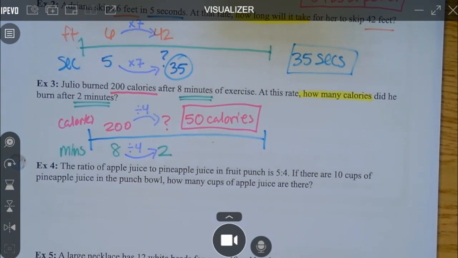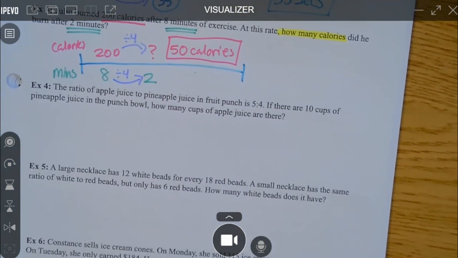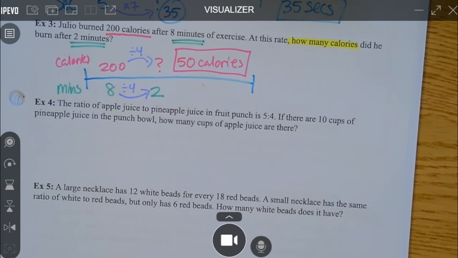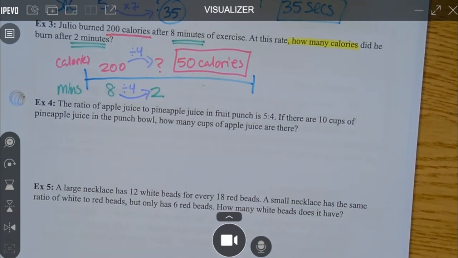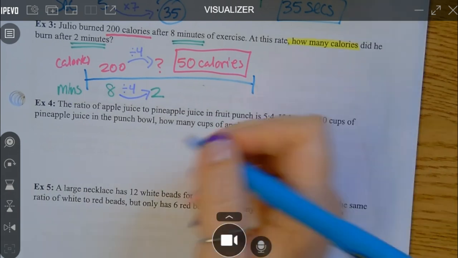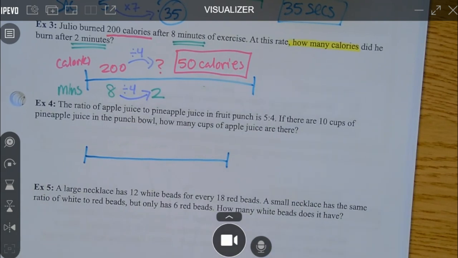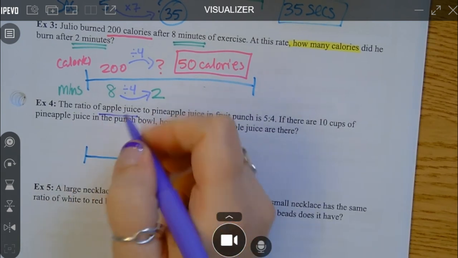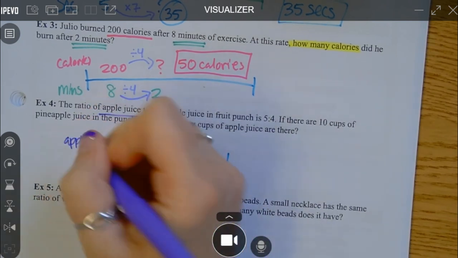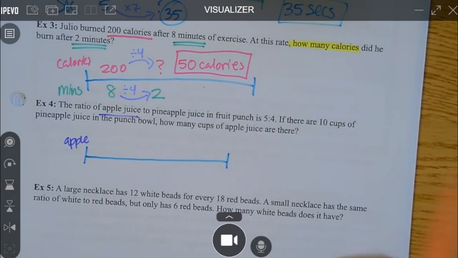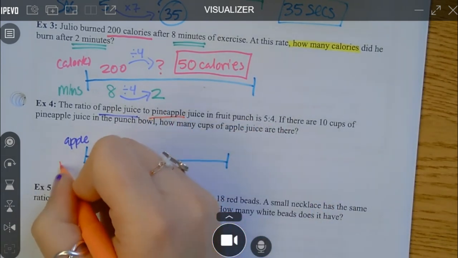Okay, this one, it's a little bit different, but it's the same thing, okay? It says the ratio of apple juice to pineapple juice. Okay, so let's go ahead and draw our double number line. And then we want to write down what it is that we're talking about. And we're talking about apple juice to pineapple juice.